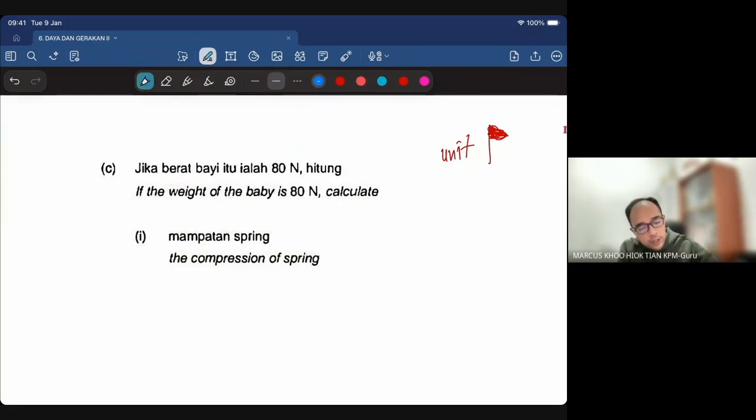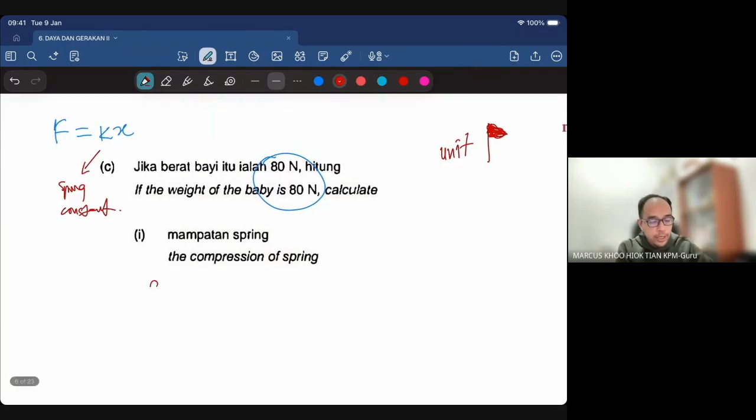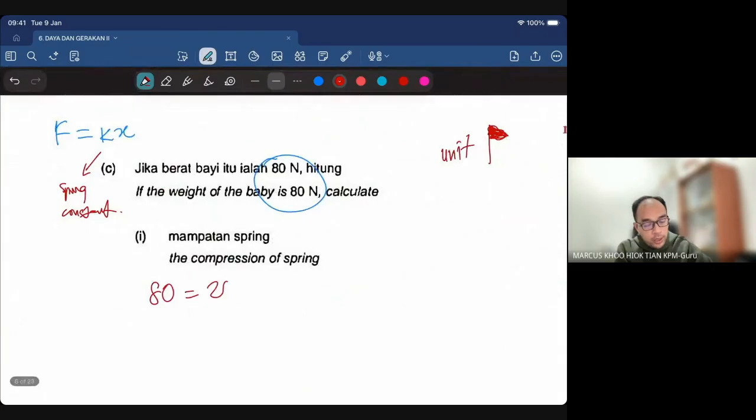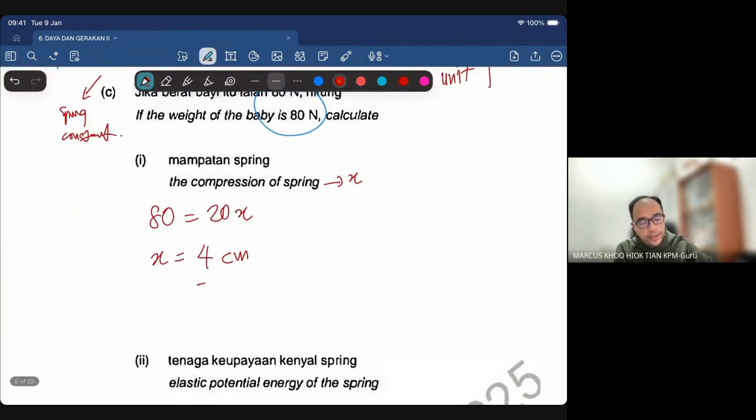Since you're given the force, Hooke's law, the formula is F equals Kx, where F is the force and K is the spring constant. 80 equals 20 times x, so you get x equals 4 cm. What you need to be careful of is that I wrote 4 cm instead of 4 meters.